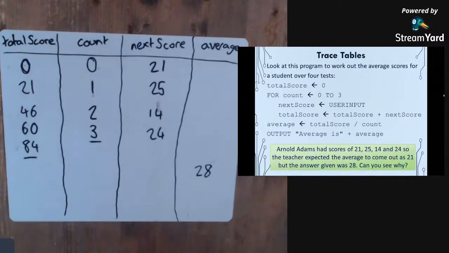Even if we were to do this in Python, and you were to say count in range 4, then it would give you the same value, 28 instead of 21, because that value starts from 0 and ends at 3. So that's one of the issues that you might have in Python.